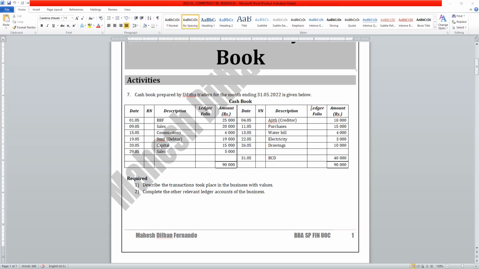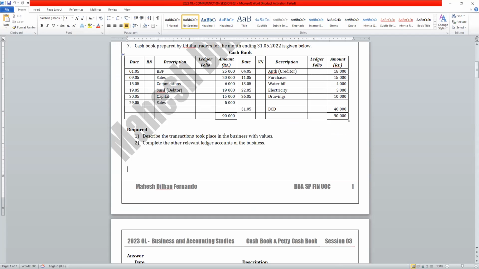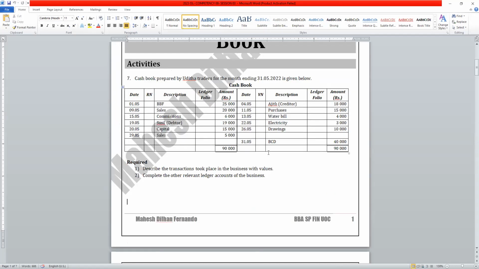Right. Now let's describe the transactions according to the order of the dates. So let me share the screen.